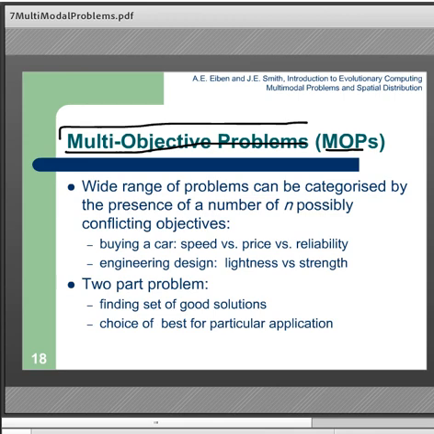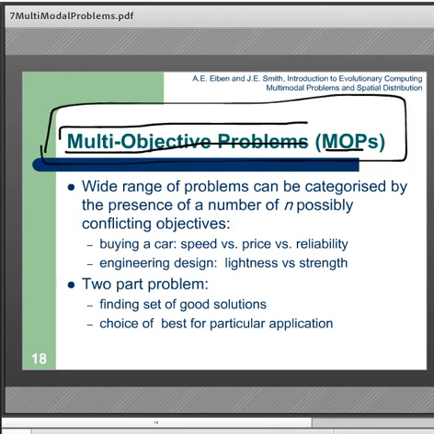I repeat this from the previous section. What is a multimodal problem? A problem with multiple solutions. Yes, where we have two or three best solutions, it is named a multimodal problem. No, not multi-fitness. Multi-fitness is multi-objective.